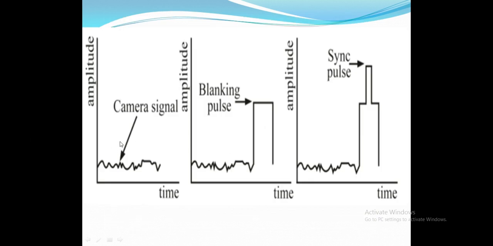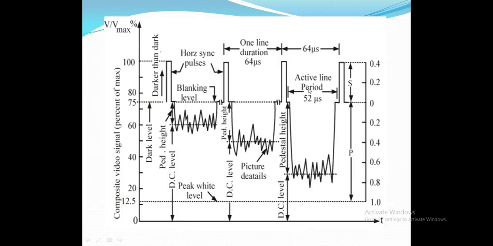Here we have a camera signal, blanking pulse and synchronizing pulse. The combination of camera signal, blanking pulse and synchronizing pulse is called a composite video signal. Here are the details of three different lines as a composite video signal.